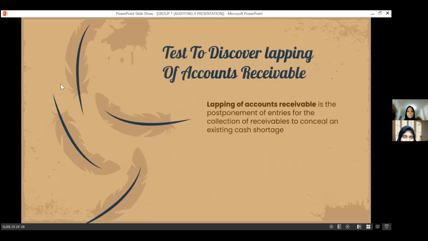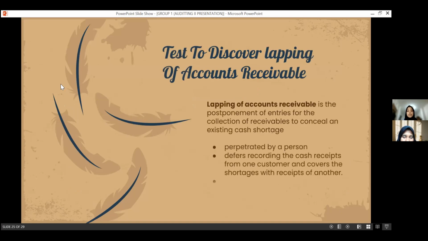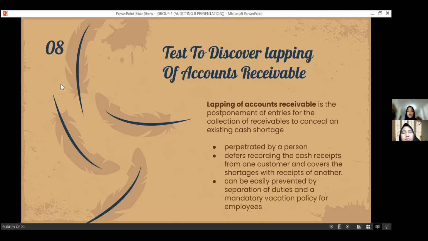Next is test to discover lapping of accounts receivable. Lapping of accounts receivable is the postponement of entries for the collection of receivables to conceal an existing cash shortage. The embezzlement is perpetrated by a person who handles cash receipts and then enters them into the computer system.